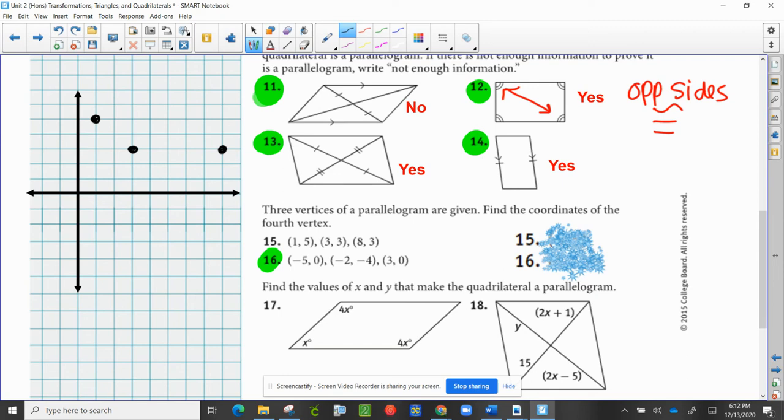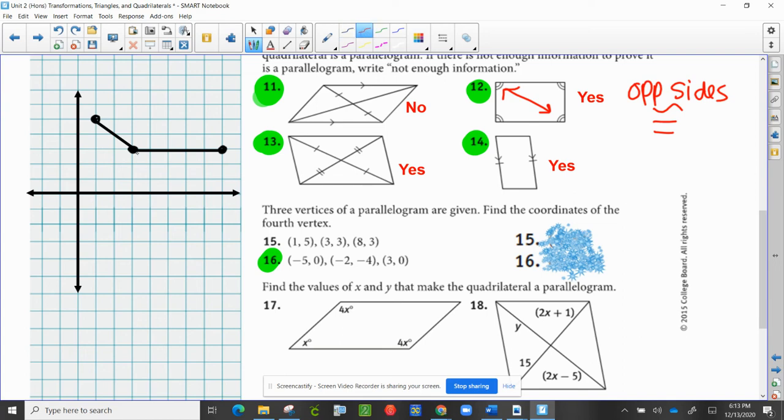So those are 3 of the vertices, but we need to find where the 4th one is going to be located. So we just kind of put in some lines here. Okay, so remember, if they're a parallelogram, their opposite sides have to be congruent. So you can either figure out how long this side is and make that length, in which case you might have to use the distance formula or something.